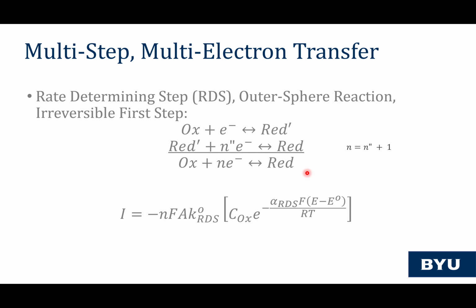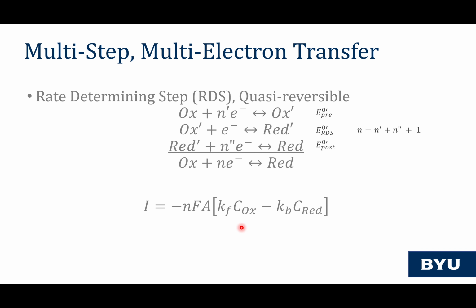Here we have the net reaction that's occurring, and we write out our current here with the rate-determining step, equilibrium, rate constant. We have our transfer coefficient for the rate-determining step. And then you'll notice here we're missing the backwards reaction including the concentration of the redox species because of the irreversible first step.